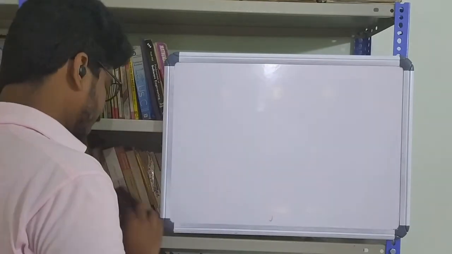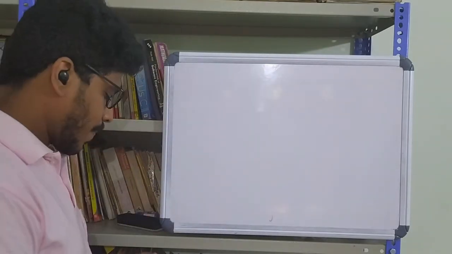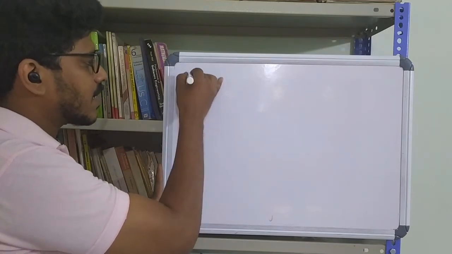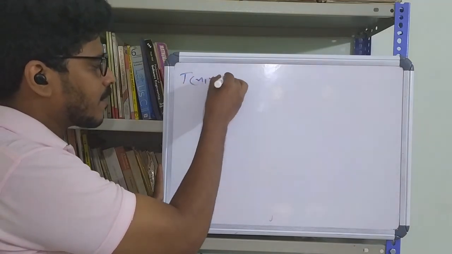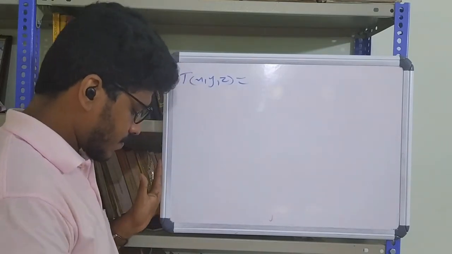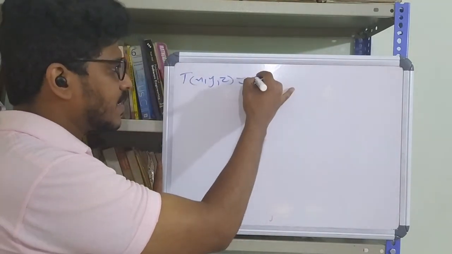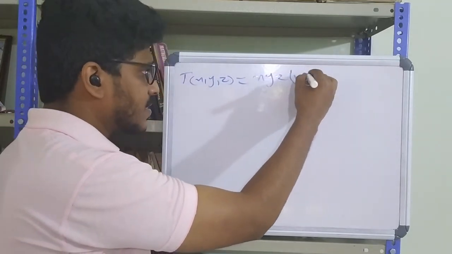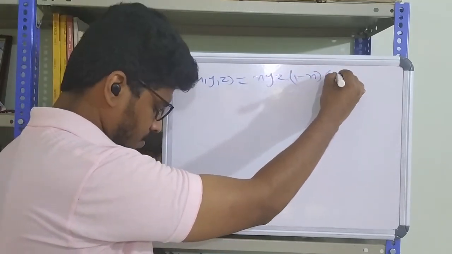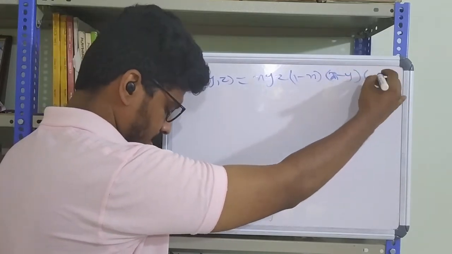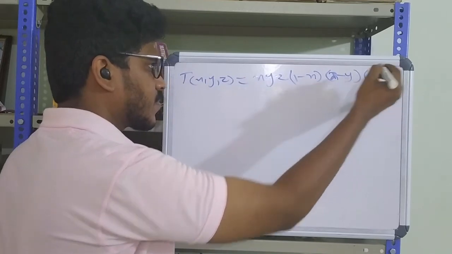So consider an example where the temperature inside a rectangular box is given by T of x y z equal to x y z into (1 minus x) into (2 minus y) into (3 minus z).